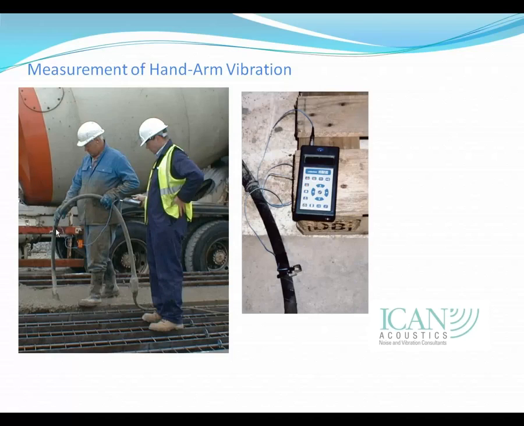You'll notice there's an accelerometer attached here, and a lead coming off that and back onto your device, where you can measure the amount of hand-arm vibration. Now, this accelerometer is close to the source. I would suggest it would probably be better at the point where the operator holds the device. So you need to be very careful as to where they are placed, which is critical.